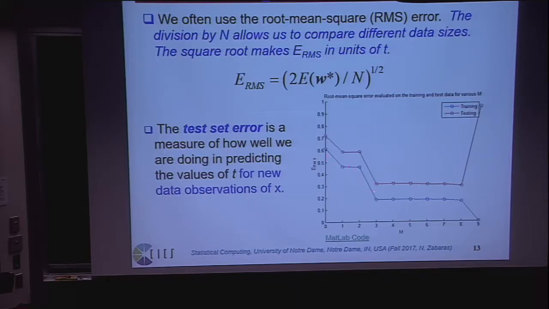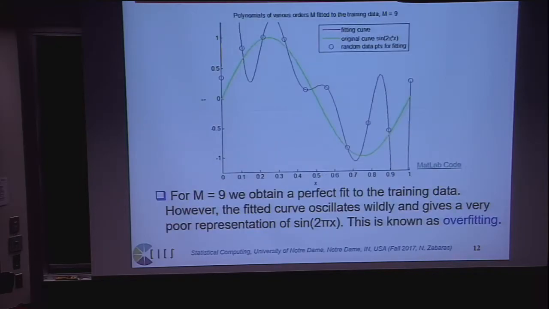Obviously, it keeps going down. It is flat for a significant change from 3 to 8. Doesn't seem too much is happening. And then it goes basically down to 0. Okay? So obviously, if you are willing to use a very high order polynomial, you can make the training error 0, and this was apparent on this picture, right? The higher you go, the better.